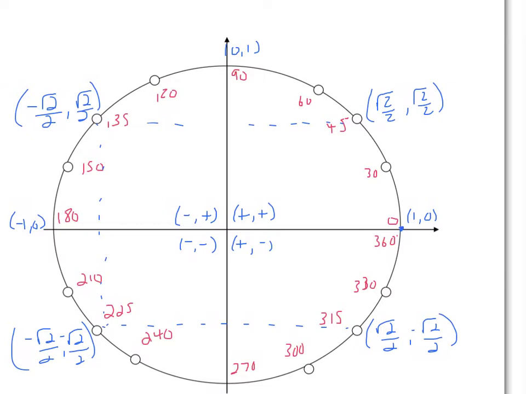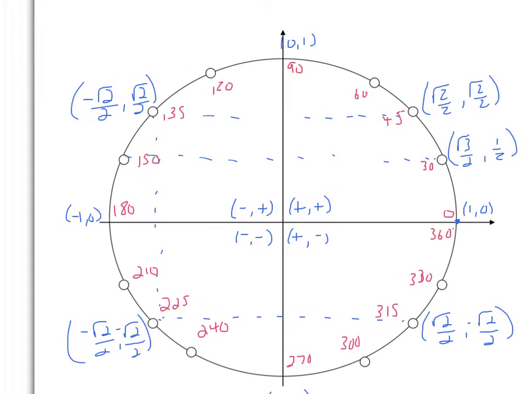Now I'm going to go to the 30, and that is root 3 over 2 and 1/2. So again, I reflect that across, so I can write negative root 3 over 2, positive 1/2.